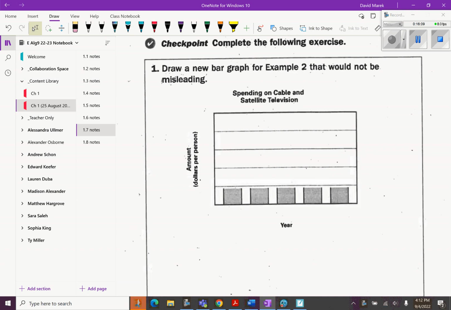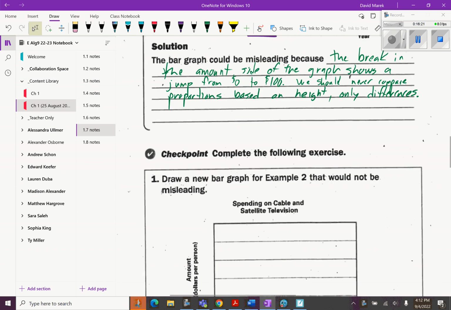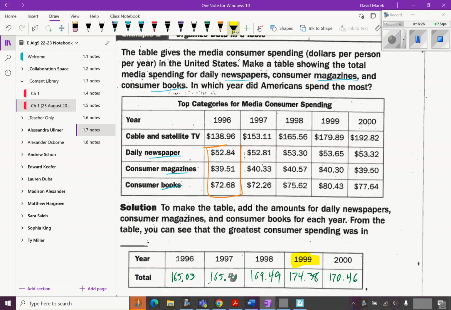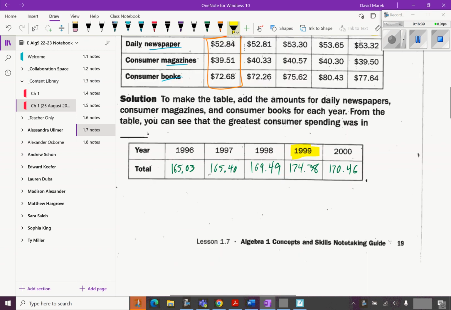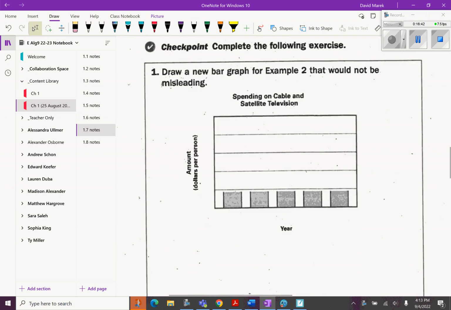There's going to be a pause in the video here. What they're asking you to do is draw a new bar graph for example number 2 that would not be misleading. So again, you need to go back up to this row in the table and see if you can come up with a bar graph that's better than this one.